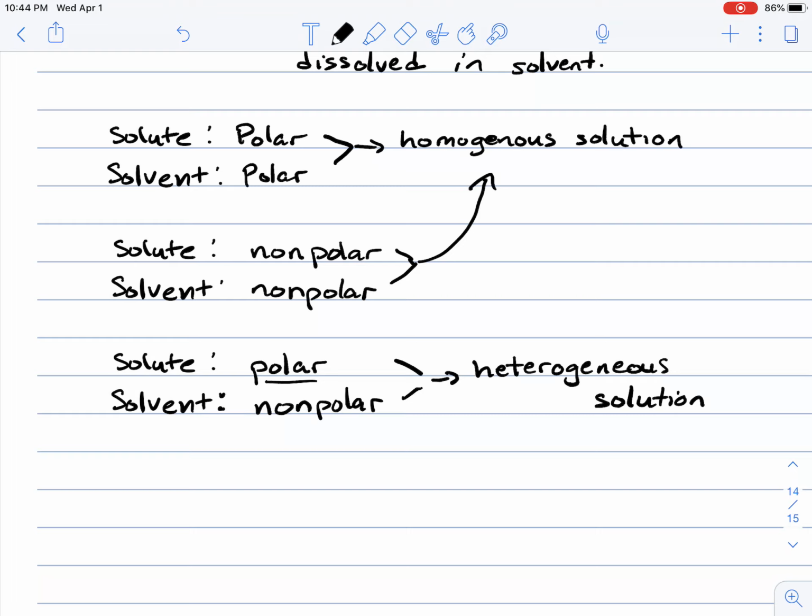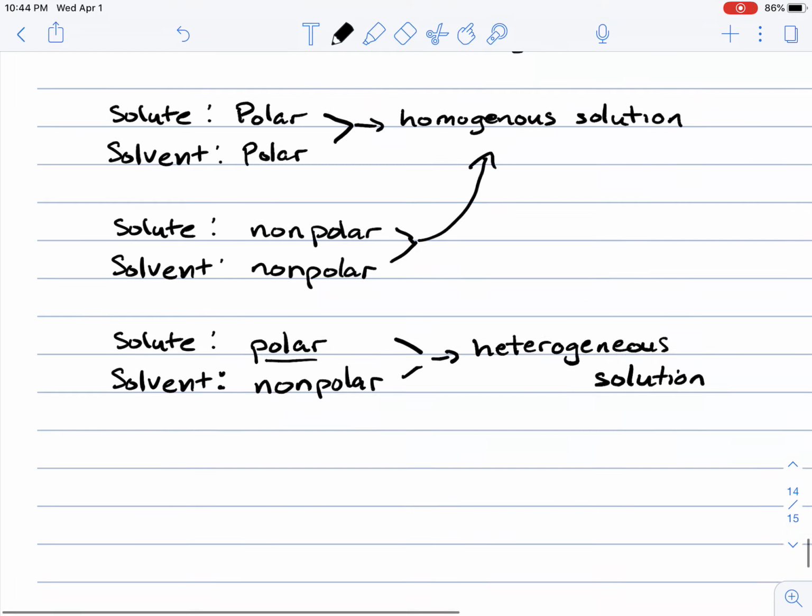And what we're going to do is work through some examples to kind of bring home the point.